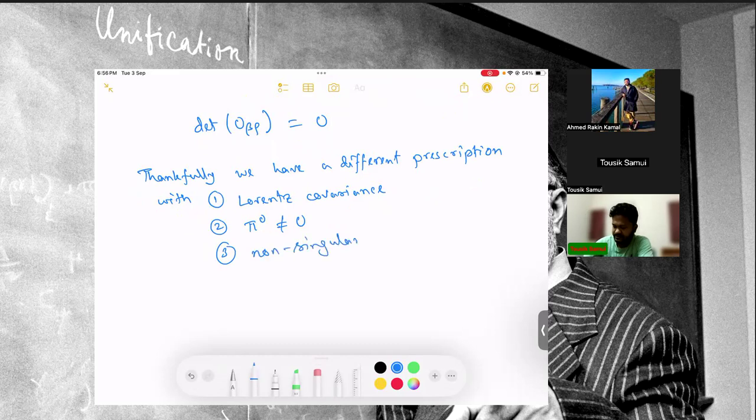We already have a thing that will satisfy all these things, and that is via the Lorentz gauge.